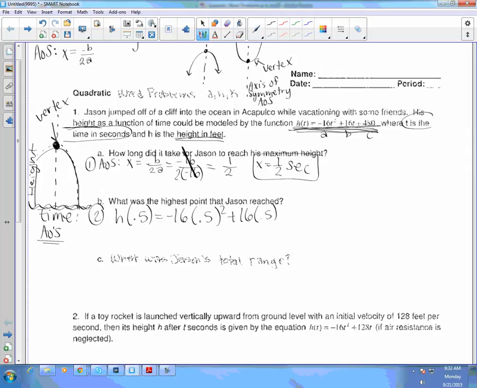If you need a calculator quickly, you can get one. Pull out your own calculator, and type this in exactly as written here, starting with the negative 16.